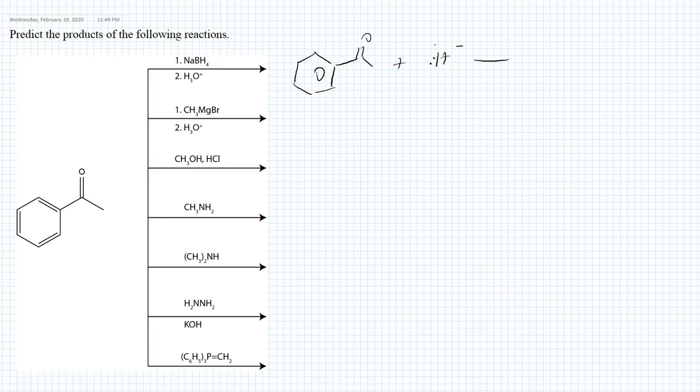As you remember, this is a nucleophilic addition reaction. Hydride is going to attack the carbonyl carbon, and we are going to form a tetrahedral intermediate. Then we are adding acid. So basically the resulting tetrahedral alkoxide will be protonated by addition of acid. Then we are going to form an alcohol.